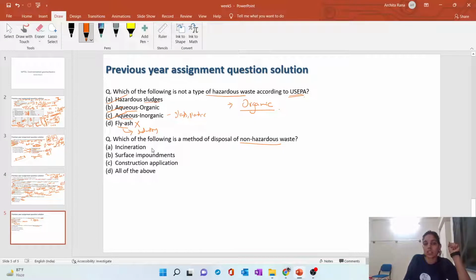So, one of them is incineration. Incineration is to burn it. Now, even though incineration is a method of disposal, it should not be done, because incineration of waste is actually very harmful.